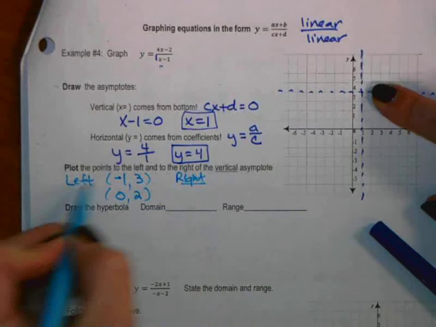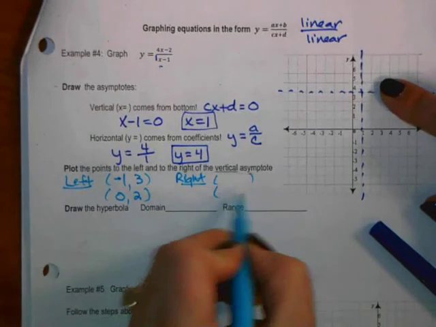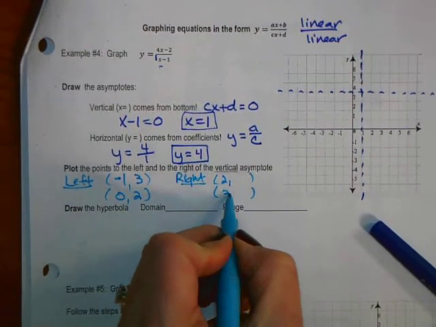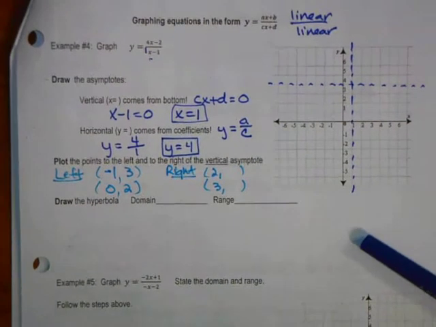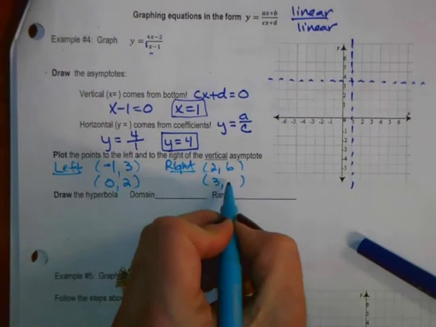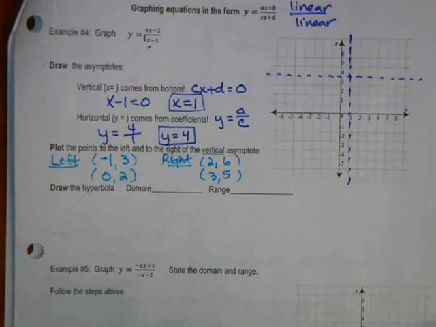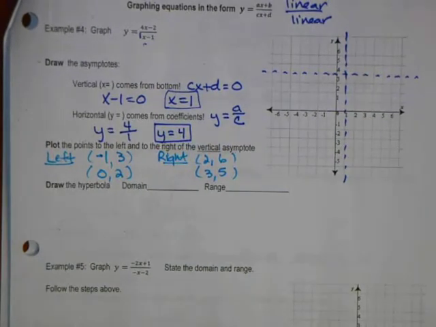And to the right of the vertical asymptote, so greater than 1, I just picked 2 and 3. That was 6, and this is 5. All right, sketch those points.